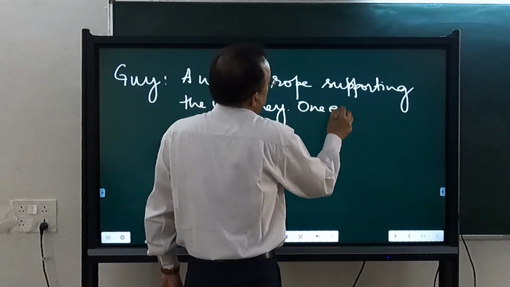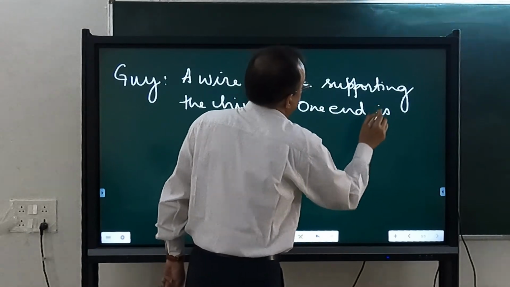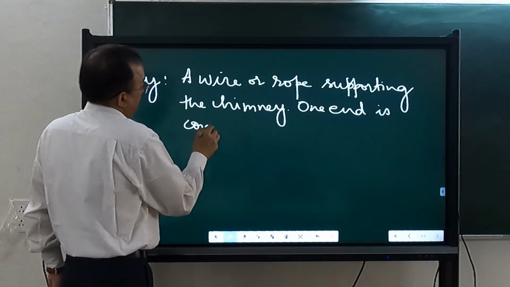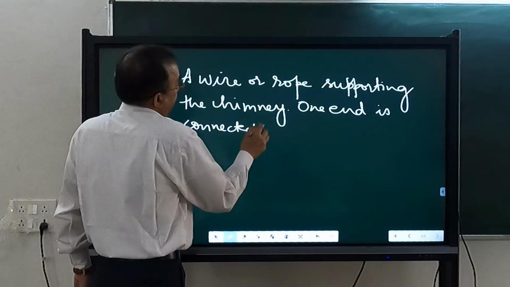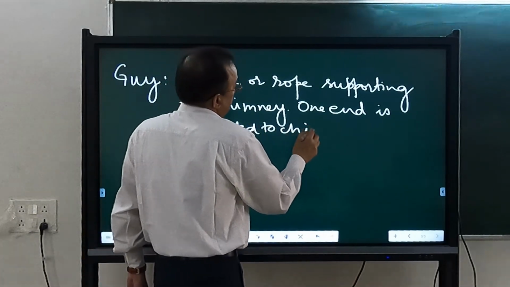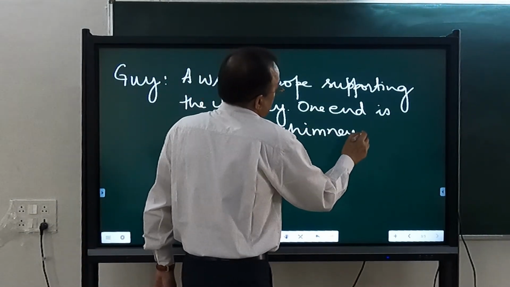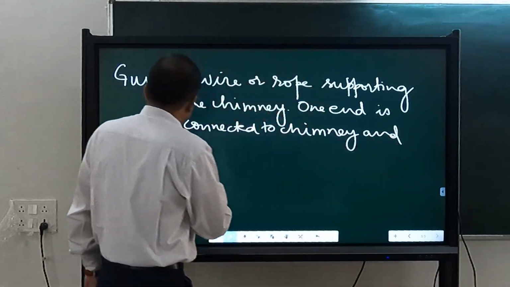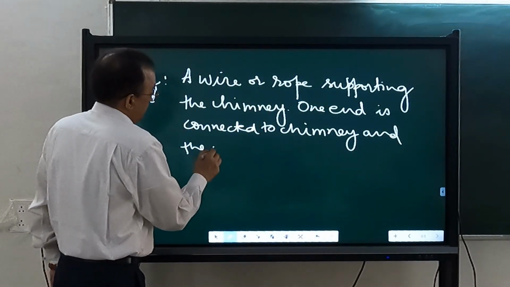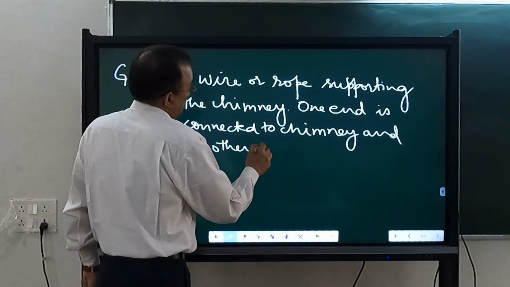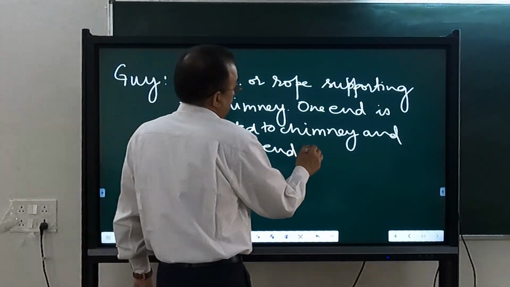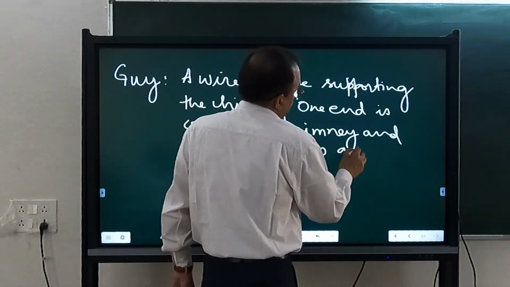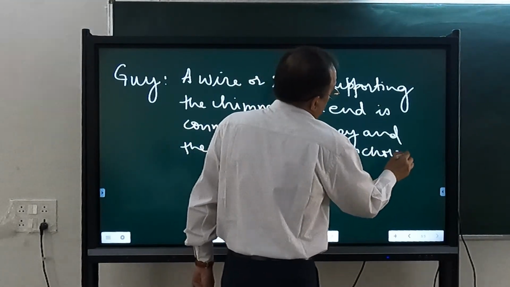One end is connected to the chimney, and the other end is anchored into the ground.